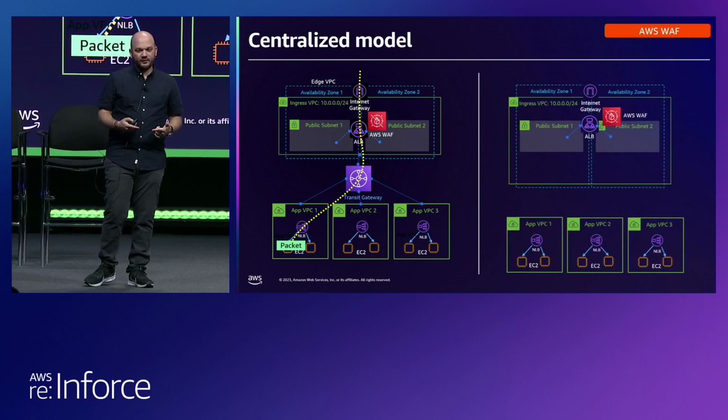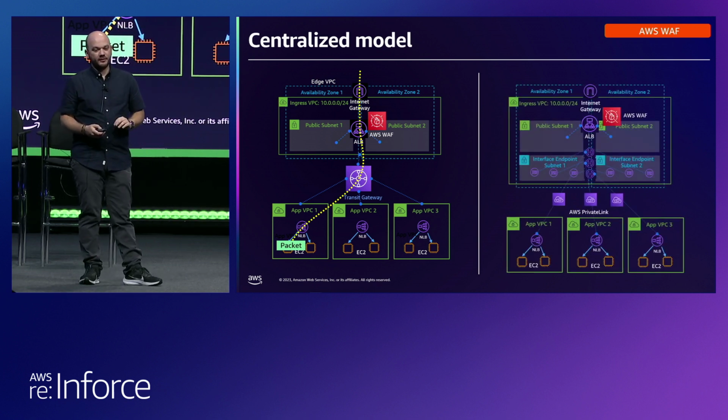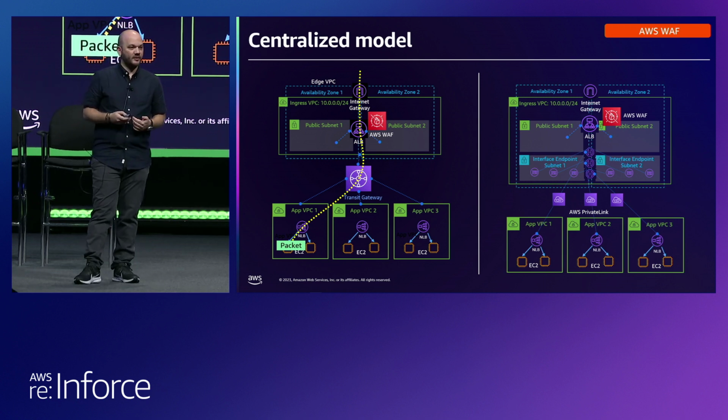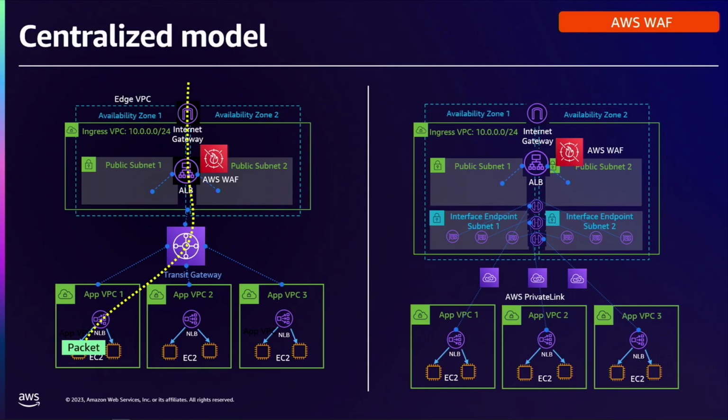Another way of doing it, instead of using transit gateways to connect the VPCs to each other, is using PrivateLink. AWS PrivateLink allows you to connect to applications in remote VPCs securely without the need of a transit gateway. But here I will still need to use endpoints. So what happens is I will have in one VPC different subnets for my application load balancer with WAF configured with it.